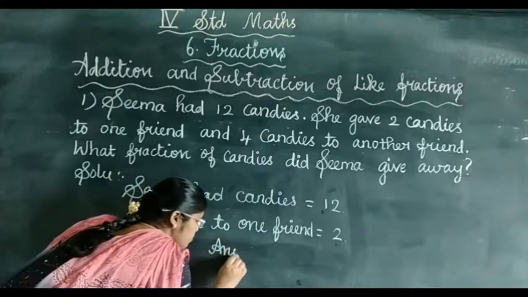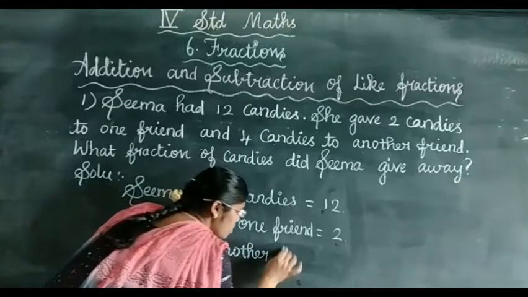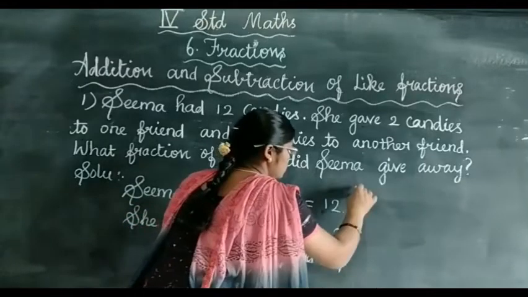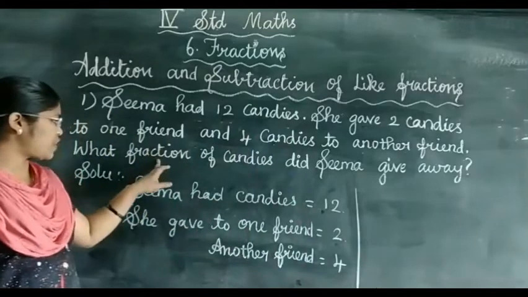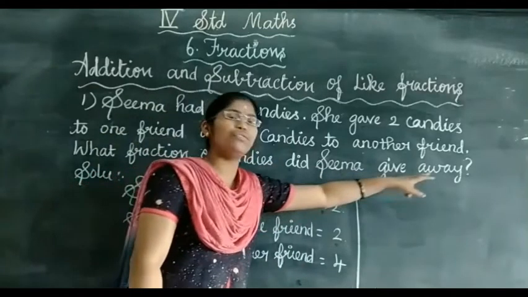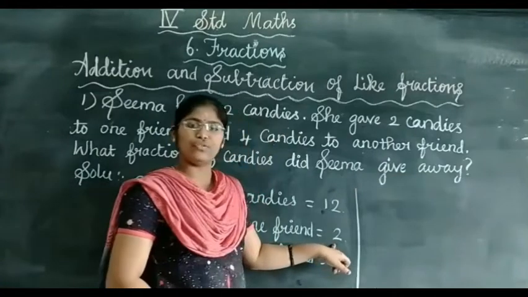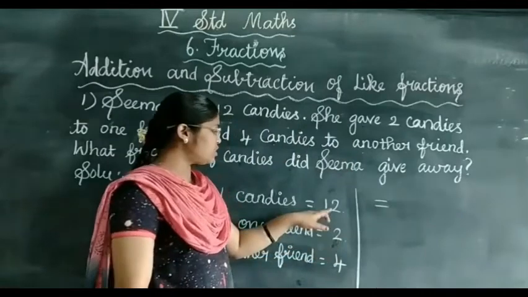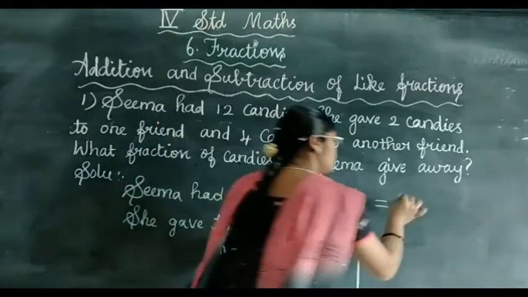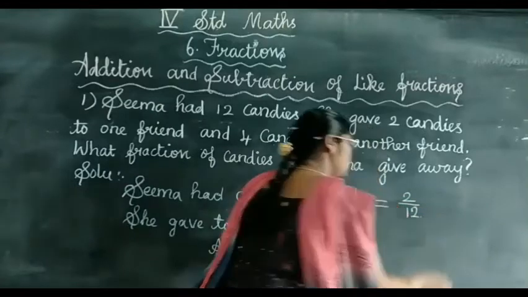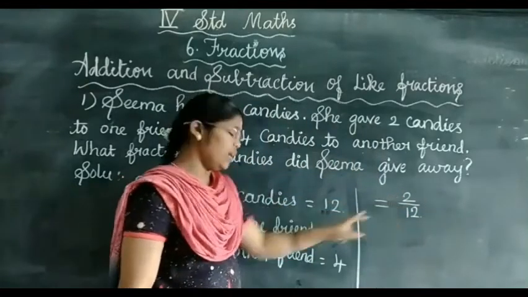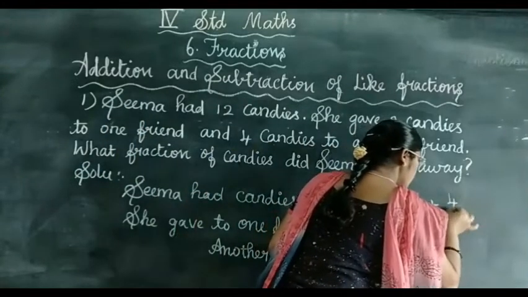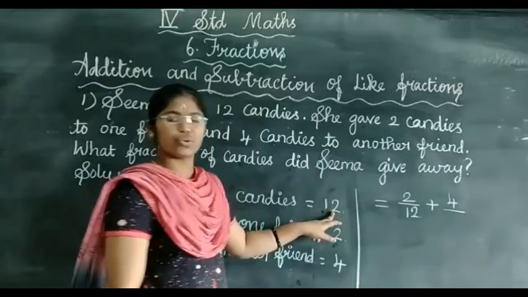So, now we are going to find the fraction of candles did Seema give away. See here children, for one friend she gave 2 candies. 2 divided by total number of candies. Total number of candies is 12. The fraction of 2 candies is 2 by 12. Then for another friend 4 divided by number of candies 12.